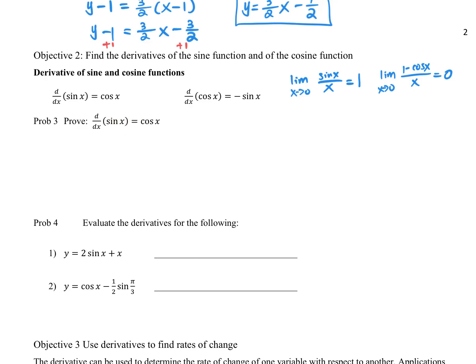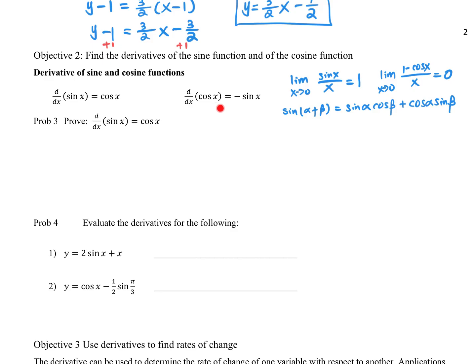And actually, there's another trigonometric identity that we will need to use. So sine of alpha plus beta is equal to sine alpha cosine beta plus cosine alpha times sine beta. So this will be used to prove this one.